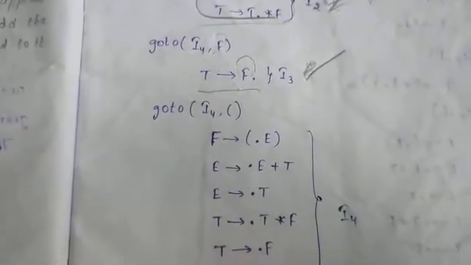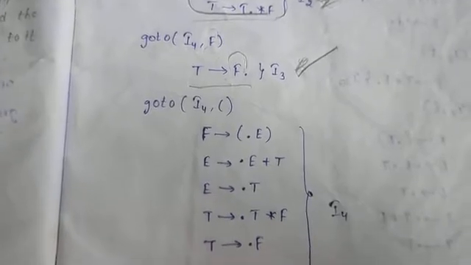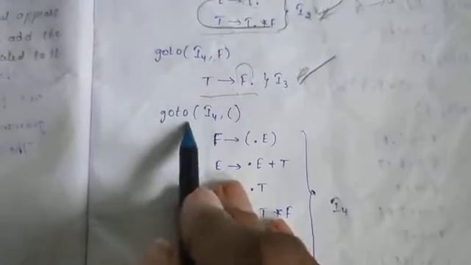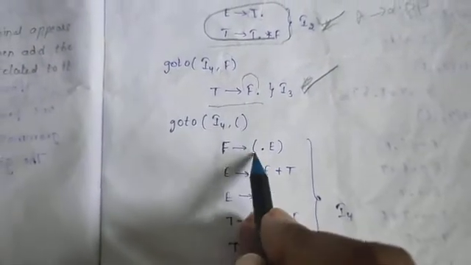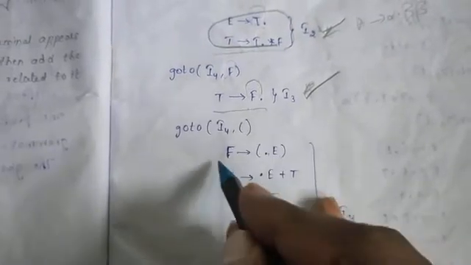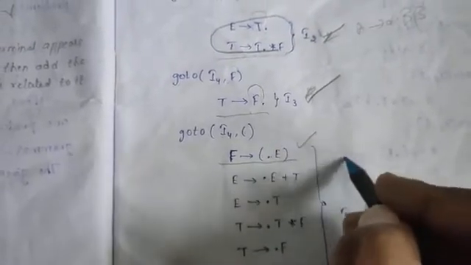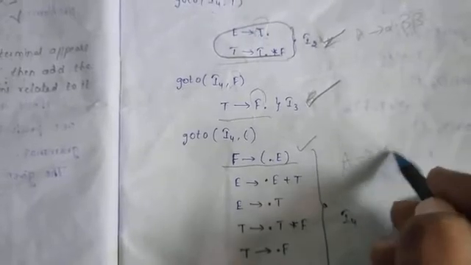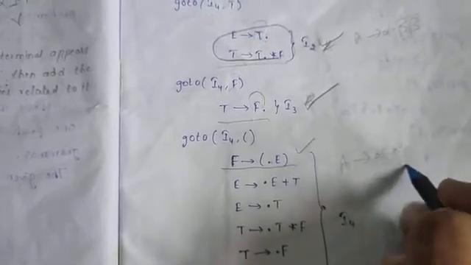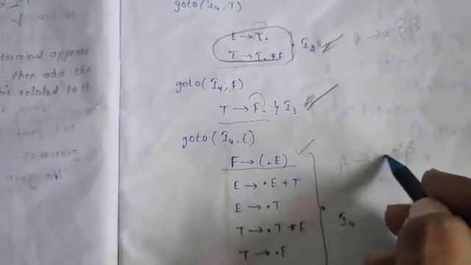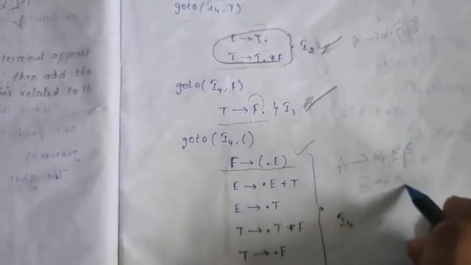Then again we'll go for the open brace production. Here the dot is moving over the open brace. For that reason, here we use goto(I4, open brace). Why? Because in the I4 state, the dot is moving over the open brace, and we get this one. This is the only thing I'll get. Again it will match with A tends to alpha dot B beta. If such a situation is there, B productions should be placed here.